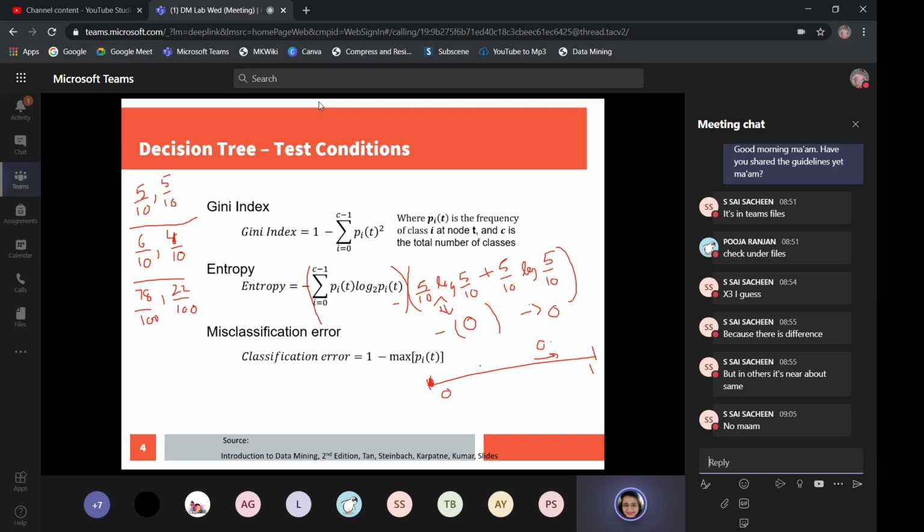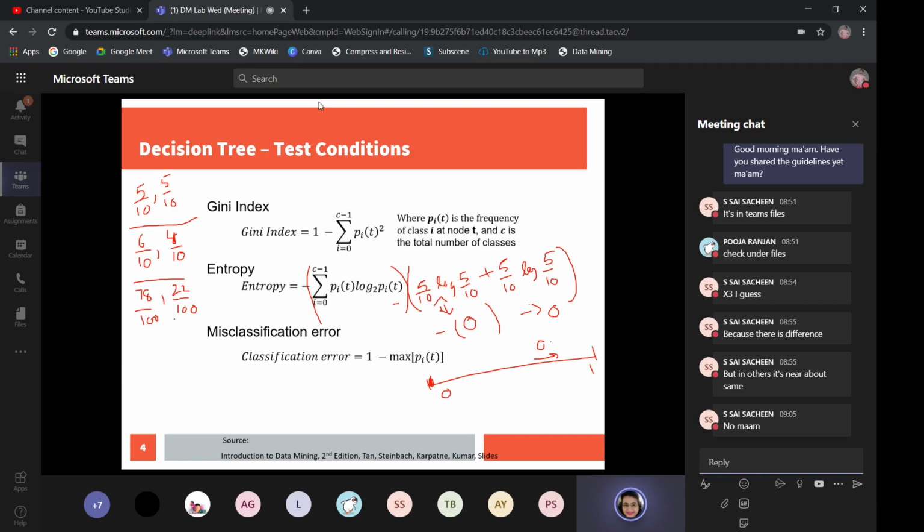So for 6 by 10, 4 by 10, it will be 6 by 10 log 6 by 10 plus 4 by 10 log 4 by 10. So keep your log tables handy also. 78 by 100 log 78 by 100 plus 22 by 100 log 22 by 100, and take the negative of it.